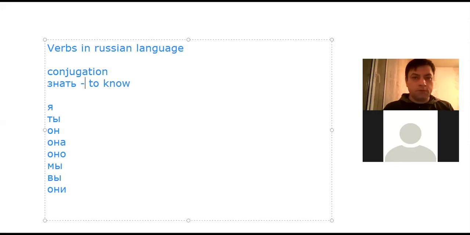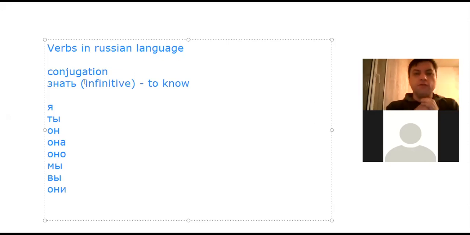Please note that this verb знать is in its original form. The original form in Russian is, exactly, Mohit, I see you know a bit of the conjugations already. That's great. It's called the infinitive.